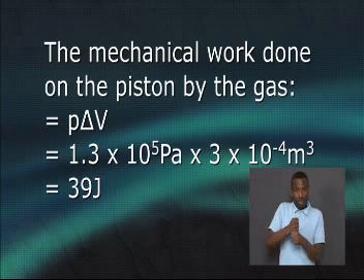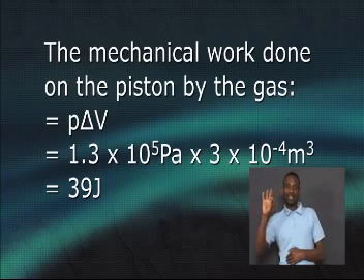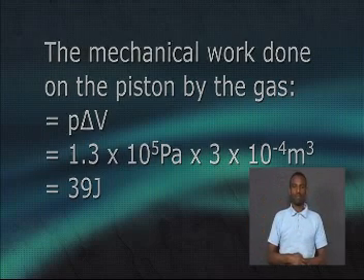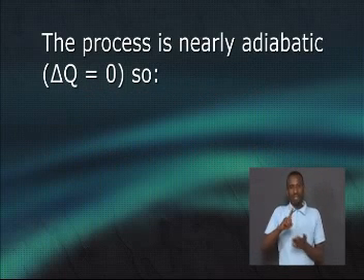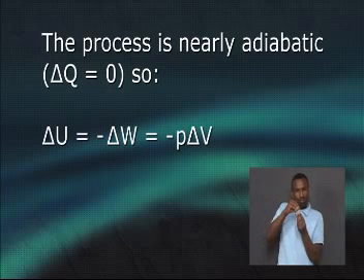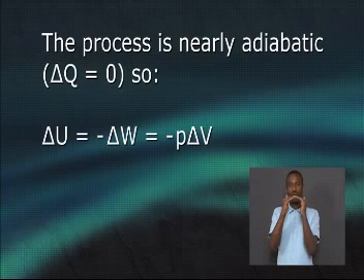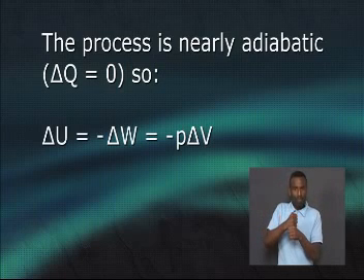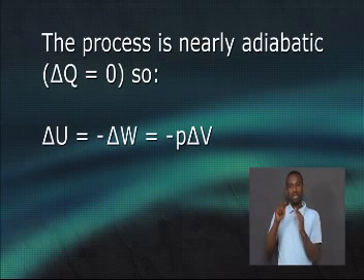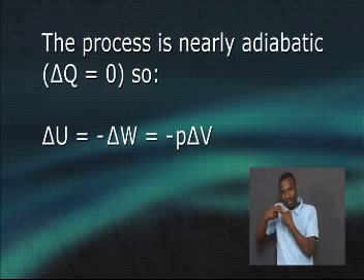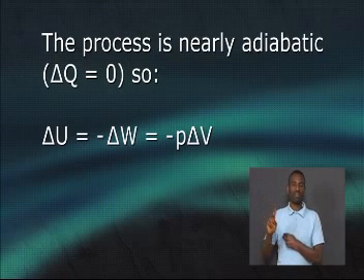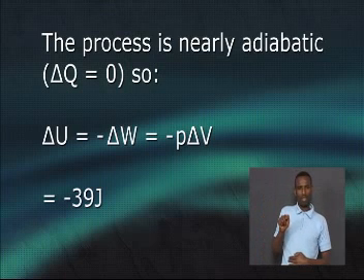Therefore, the work done is equal to 39 joules. The process is very nearly adiabatic, so we can say that the increase in internal energy of the system equals the amount of work done on the system, which in turn equals the negative constant pressure of the gas times its change in volume.